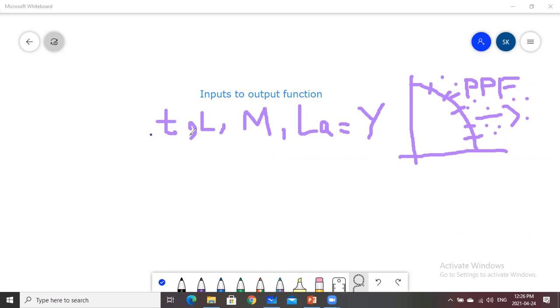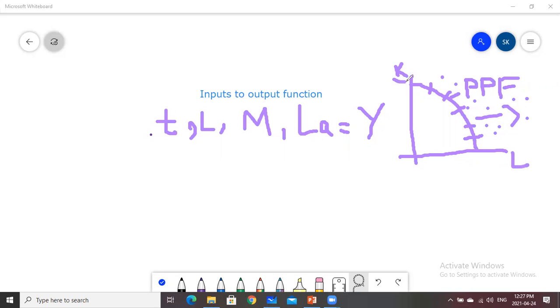The production possibility frontier differs in terms of the nature of output. Some commodities require different proportions of capital and labor. Suppose on the x-axis we have labor and on the y-axis we have capital.